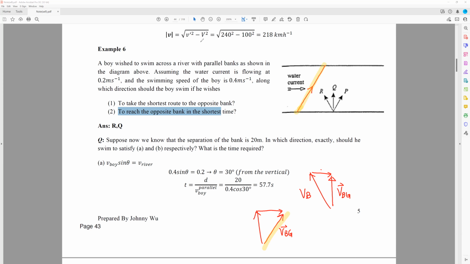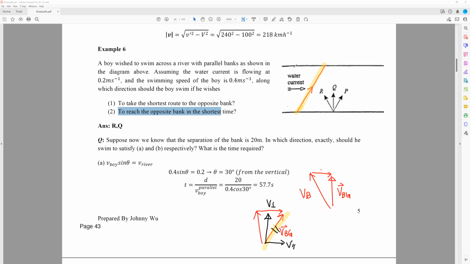We just need to take care of the vertical motion. Then for the vertical motion, you need to decompose this vector into the vertical one and horizontal one.